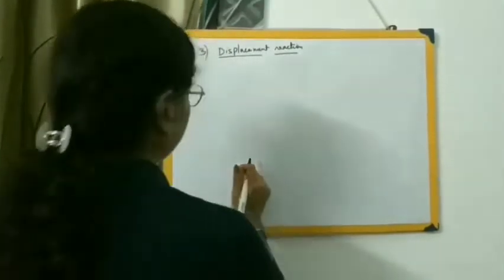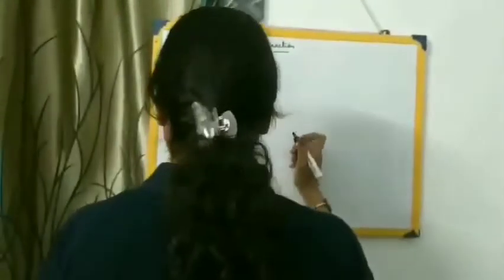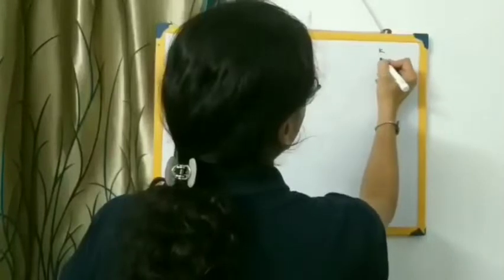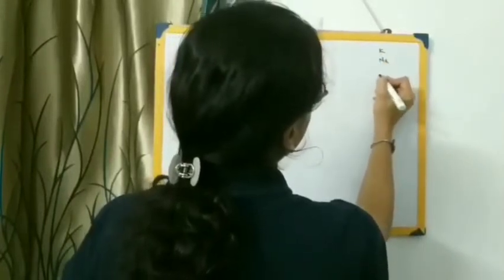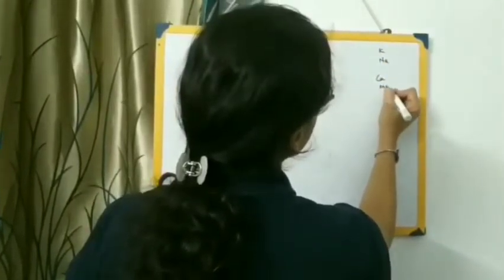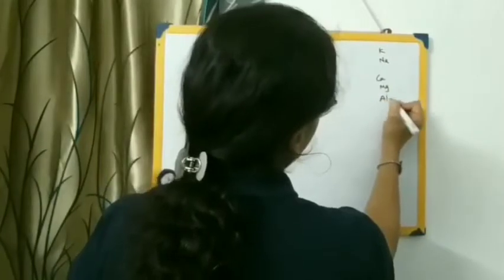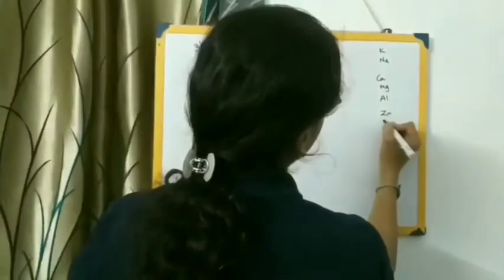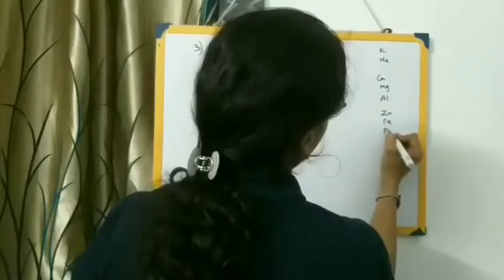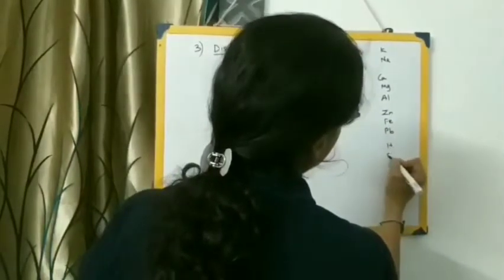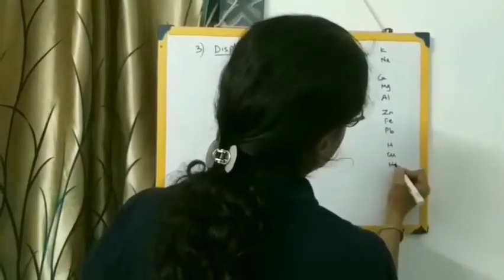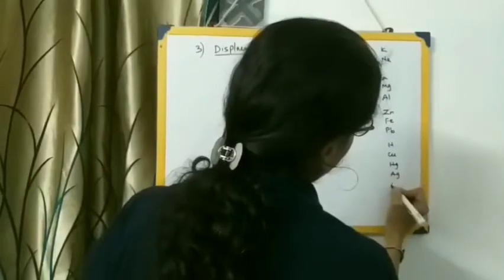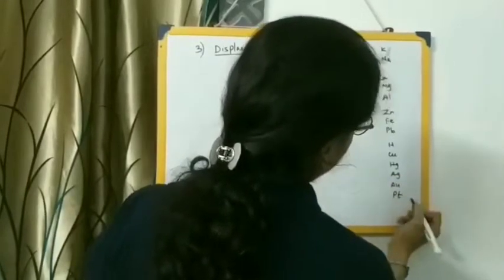Let me write down the activity series once again. That is K, Na, Ca, Mg, Al, Zn, Fe, Pb, H, Cu, Hg, Ag, Au, Pt.